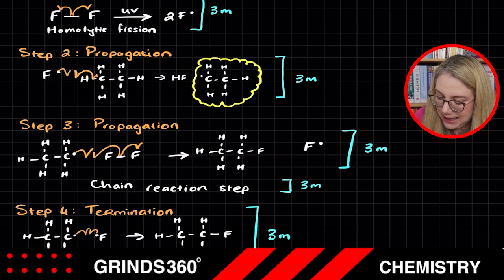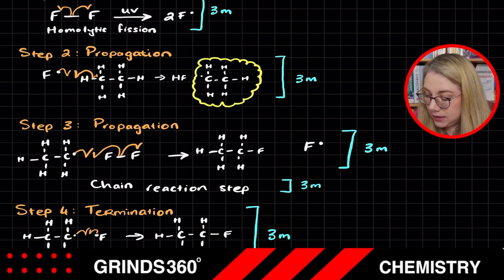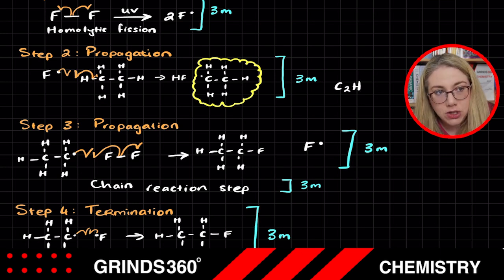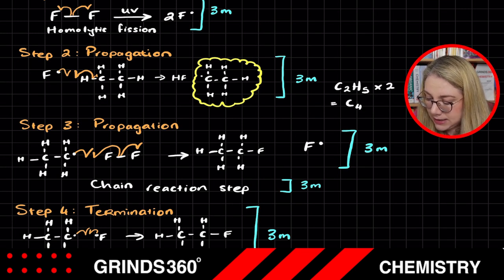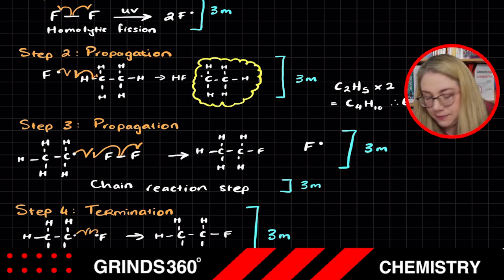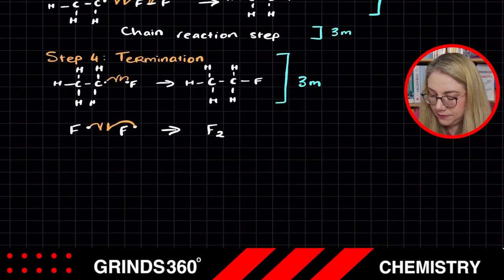It is an ethyl free radical, which has the formula C2H5. Now, I want to figure out what the longer chain hydrocarbon is, so you take that and multiply it by 2. That will give me C4H10, which is butane. So I need to draw butane down here.